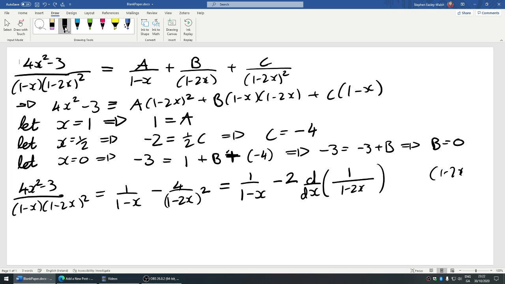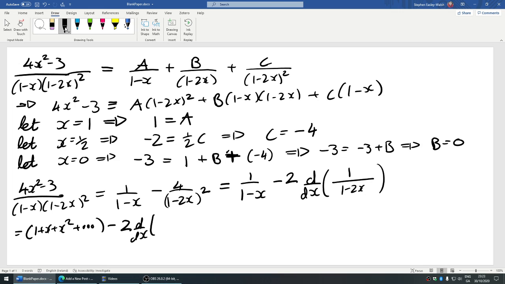Now the reason I'm doing this is so I don't have to go through the trouble of doing the Taylor series, the Maclaurin series. So this will equal 1 over 1 minus x. And as I said a moment ago, we know that Taylor series. It's 1 plus x squared, etc. Minus twice the derivative.